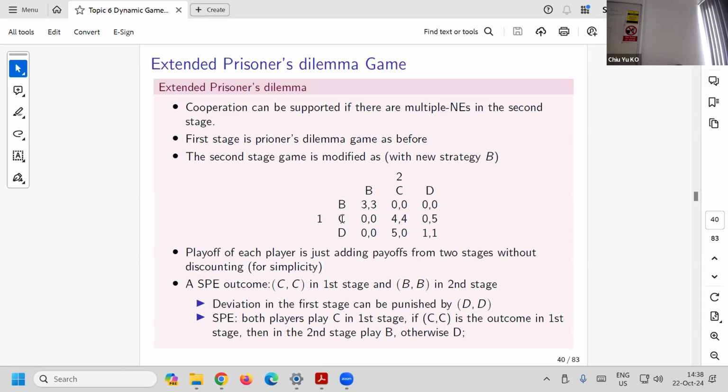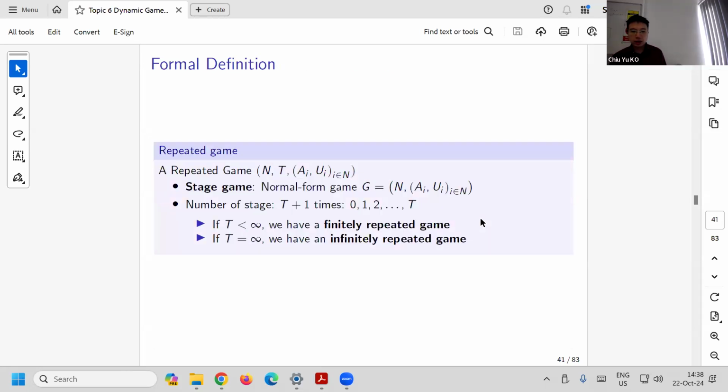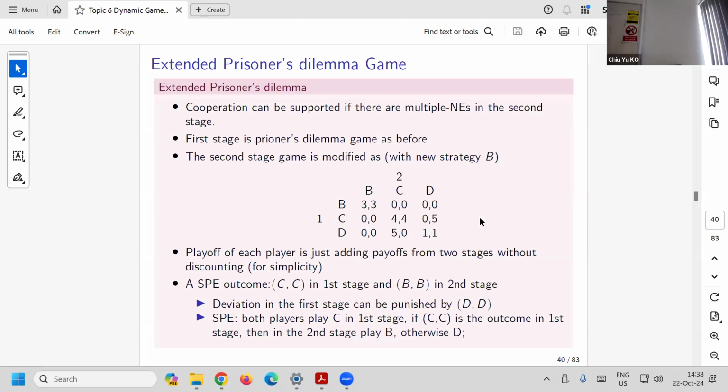So as long as 7 is better than 6, this is the way you can sustain it. So that means that if you are able to create something, especially in the second stage, that you can reward, right?